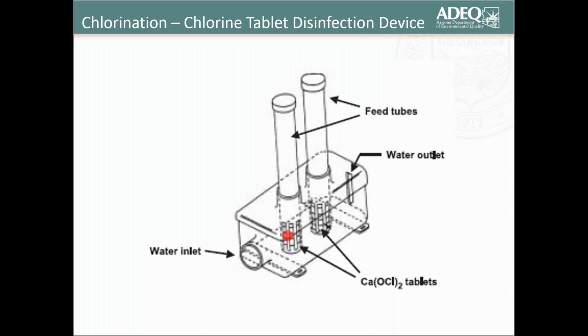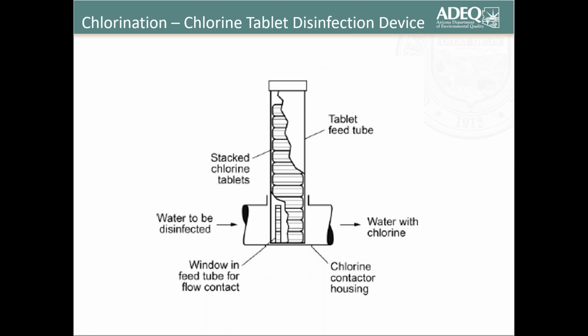There are little windows so that the wastewater effluent can make contact with the tablets, and then it exits here. So there's a profile view of it where you have a feed tube. You can stack up a number of different chlorine tablets. And you see our little window coming in here, makes contact and goes on out.